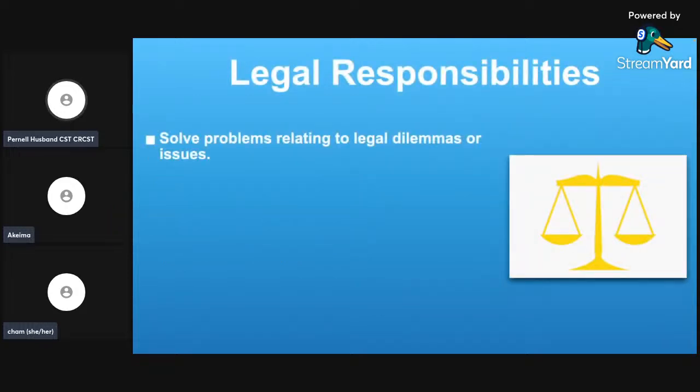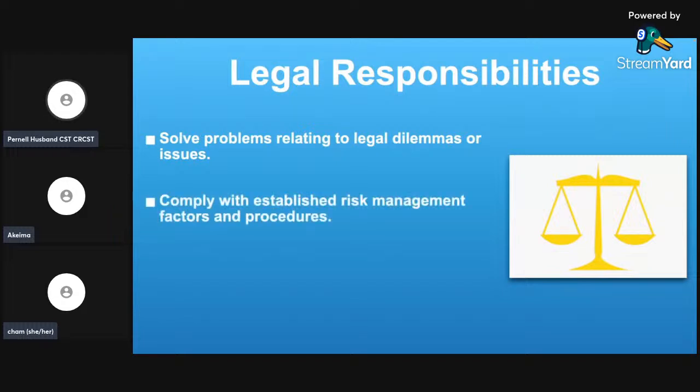You do have some legal responsibilities, as you do in many jobs. We have to be able to solve problems relating to legal dilemmas or issues. We have to comply with established risk management factors and procedures, or we may be held liable for whatever is a result of us not following these procedures.